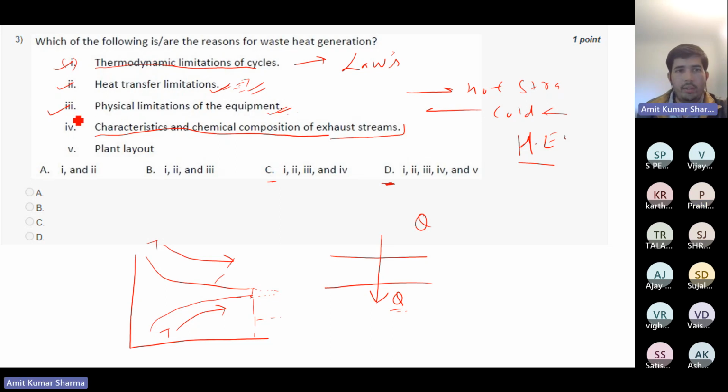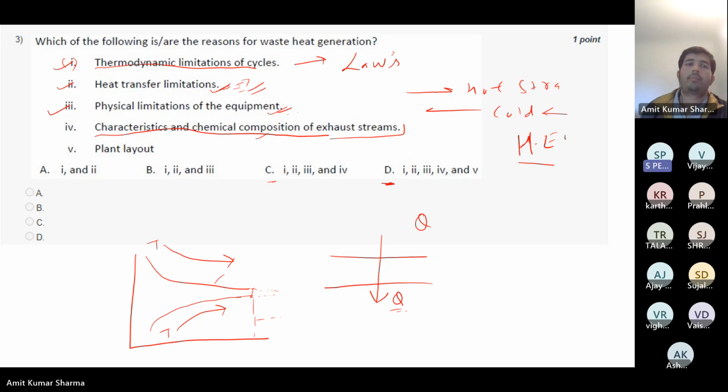Now come to the fourth point: characteristics and chemical composition of the exhaust stream. Why is this important? In the exhaust stream, some heat can also be generated. Suppose the unburned hydrocarbon or even the carbon monoxide comes in contact with oxygen in the atmosphere, that will cause combustion, and heat will be generated.